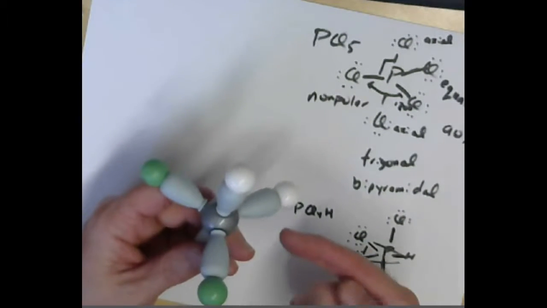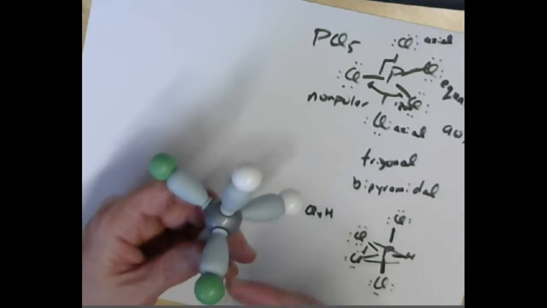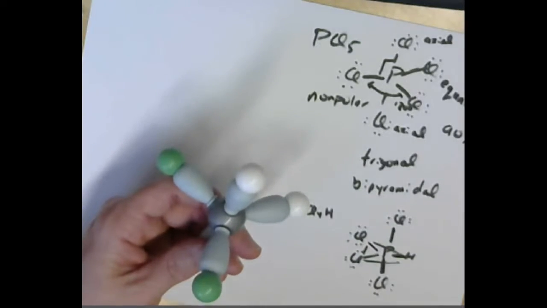There are things about molecules that are called isomers. They have the same atoms in them, but they're arranged differently. So I could have had the two atoms that differ both on the equatorial positions, in which case they don't cancel out that third one. I could have had one on the axial and one on the equatorial. And once again, the axials wouldn't cancel out, the equatorials wouldn't cancel out, so it's polar.